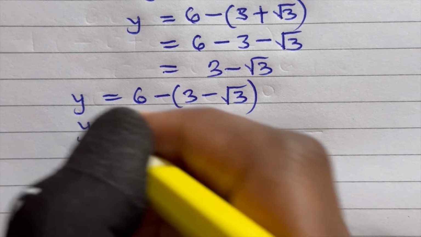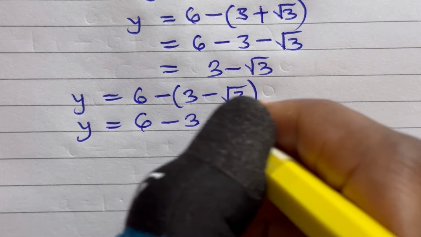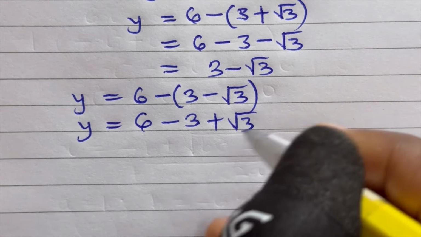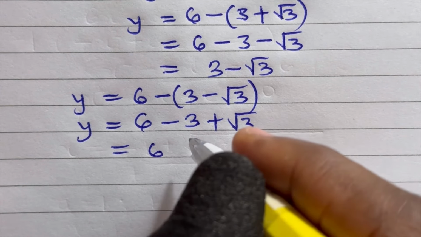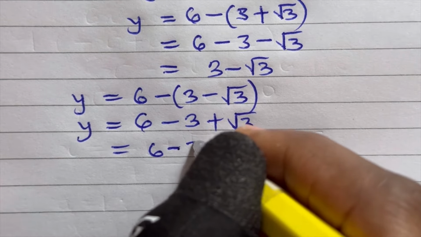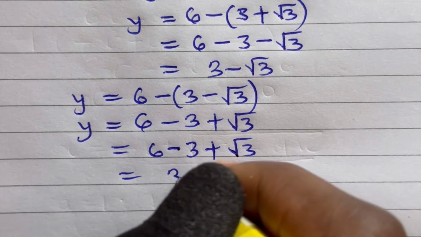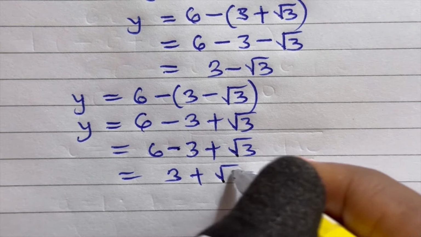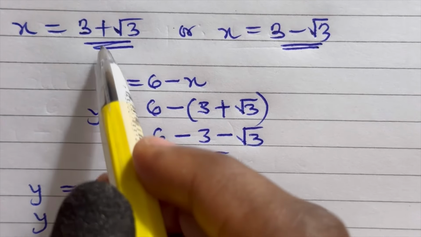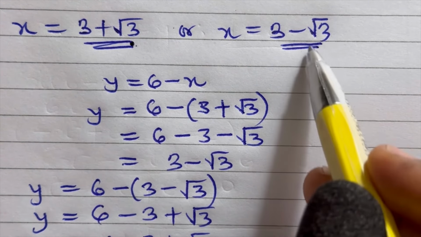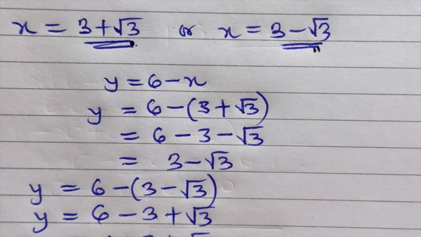Tidying that up will give us y is equal to 6 minus 3 plus root 3, which is 3 plus root 3. So when x was 3 plus root 3, y was this value, and when x was this value, y was this value. So it's as simple as that.